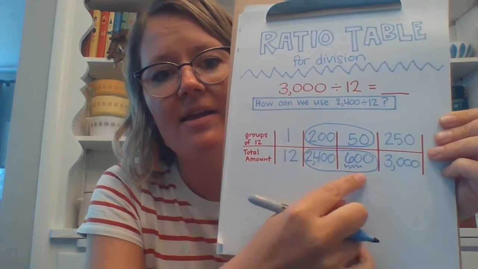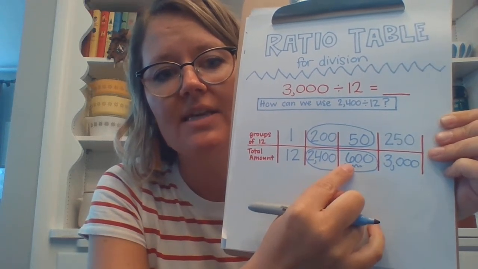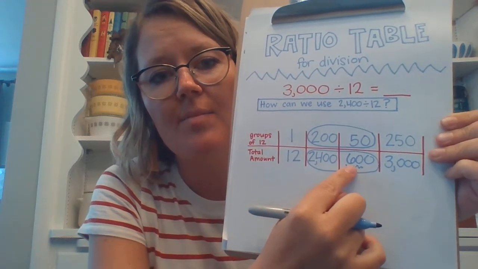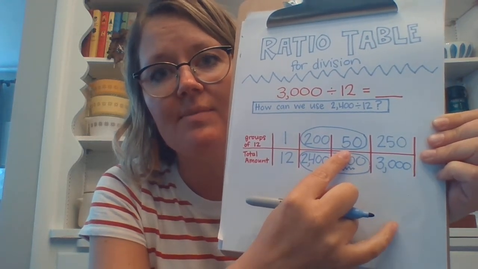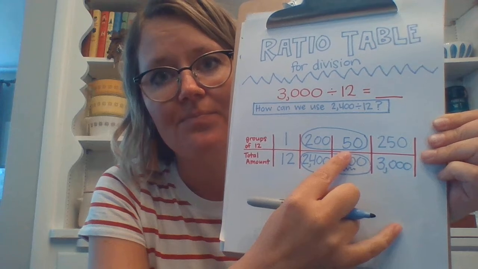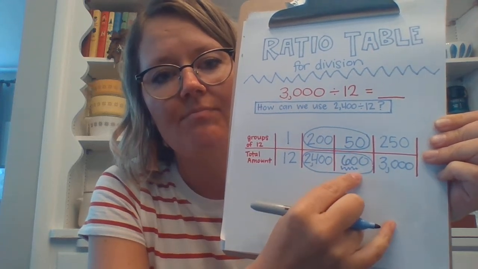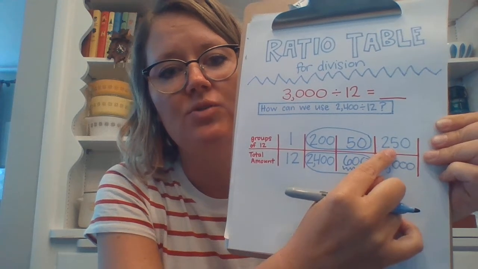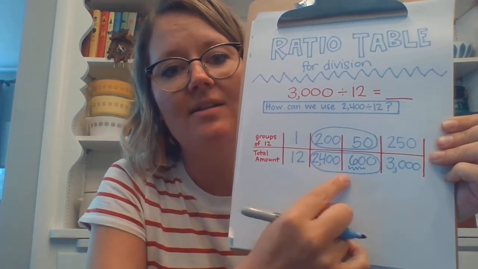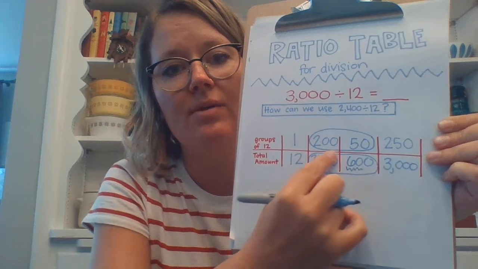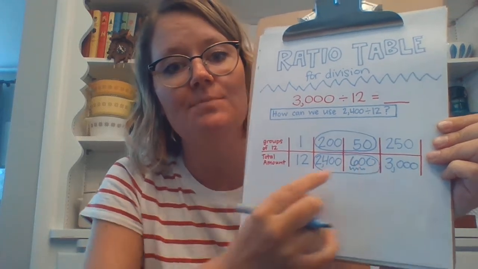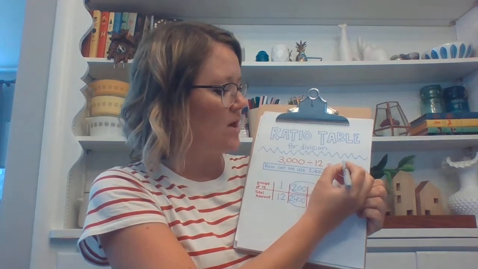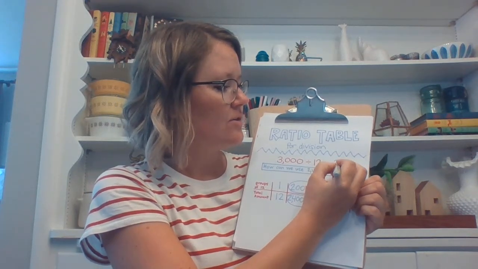And I know that if I need 600 more to get to 3,000, which was my goal from up here, then I'm going to need 50 groups, because 5 times 12 is 60. And then all together I can combine those two groups to make 250 groups, and this gets us the total amount, or that dividend, 3,000.